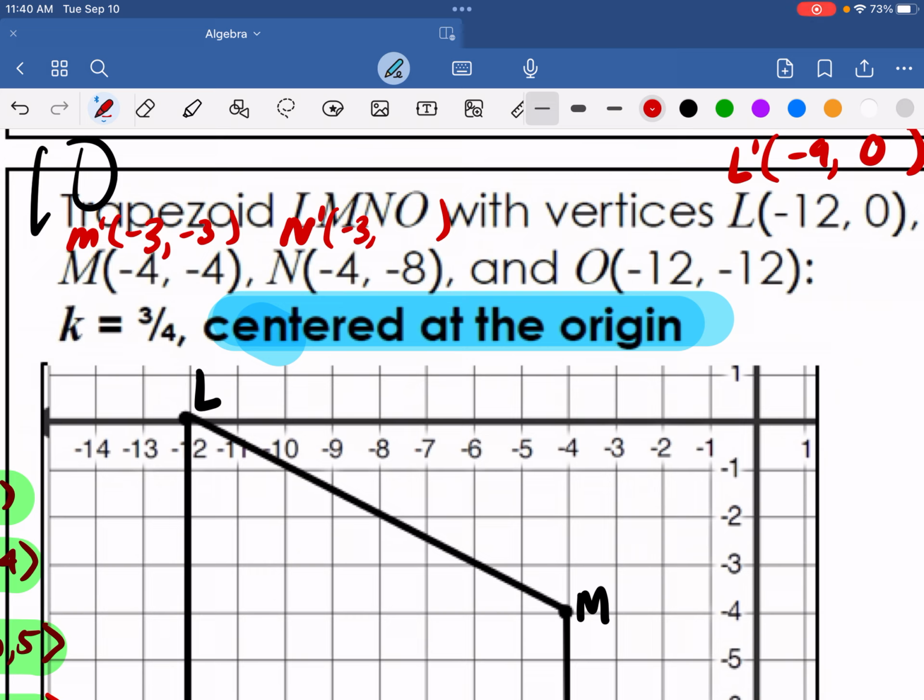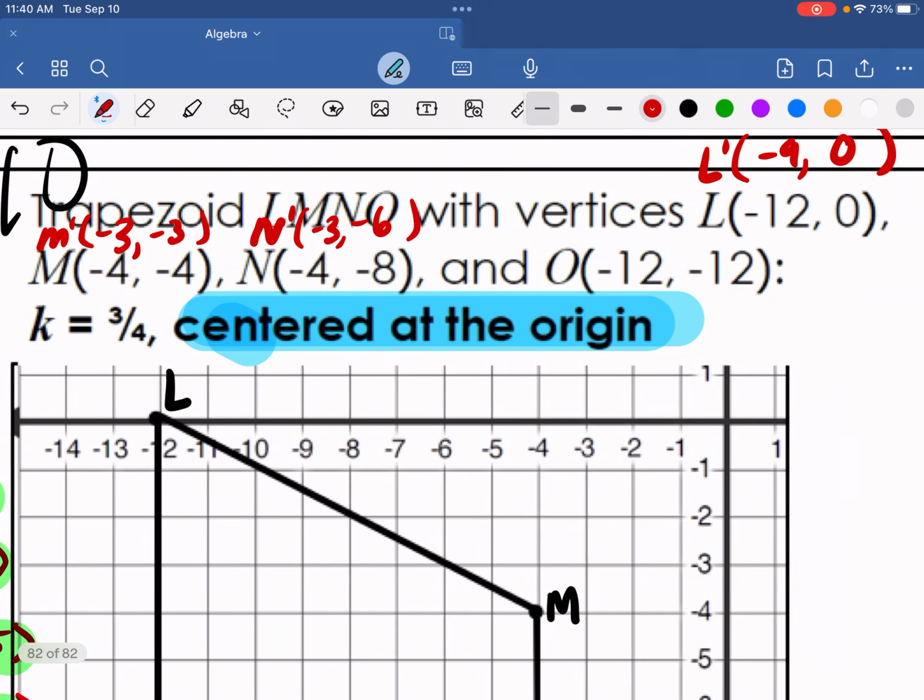And then for O, we just have to do 12. But we already know the answer is negative 9 because I already did it here. But anyways, I'll just do it once more. Negative 12 times 3 is negative 36, divided by 4 is negative 9. So you get negative 9 twice for O prime.